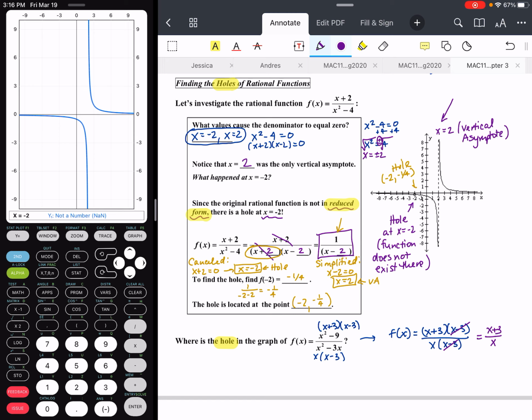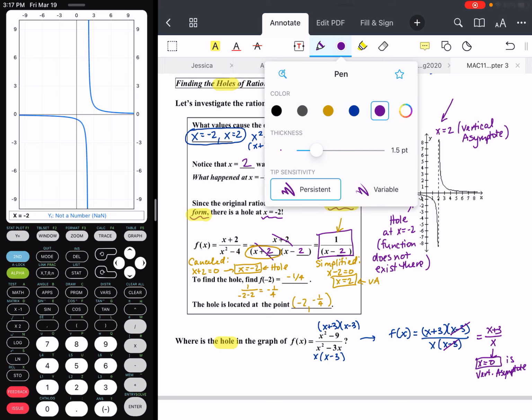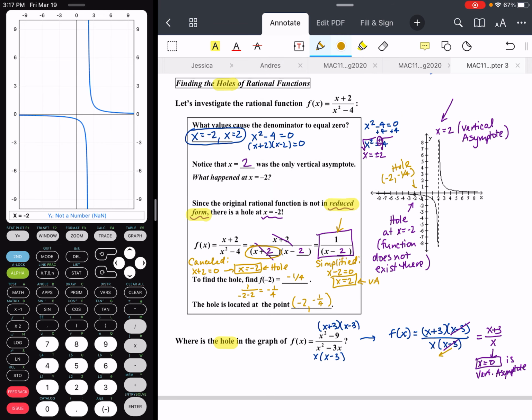So because that x remains in the denominator after I simplified, x equals 0 is my vertical asymptote. And then that x minus 3 factor, if I set that equal to 0, that gives me x equals 3, is where the hole in the function occurs.